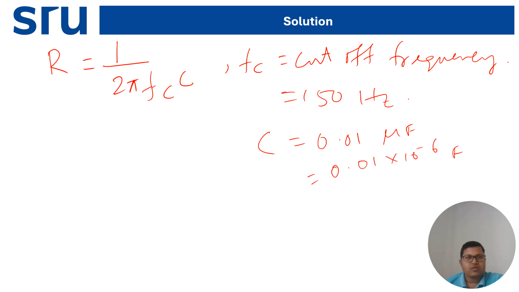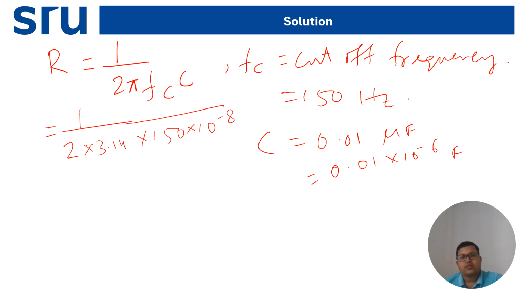We put all these values in to find R. The final equation becomes 1 over 2 multiplied by 3.14 multiplied by 150 multiplied by 10 to the power minus 8. Why 10 to the power minus 8? Because the capacitance value is 0.01 into 10 to the power minus 6, so that means it is 10 to the power minus 8.